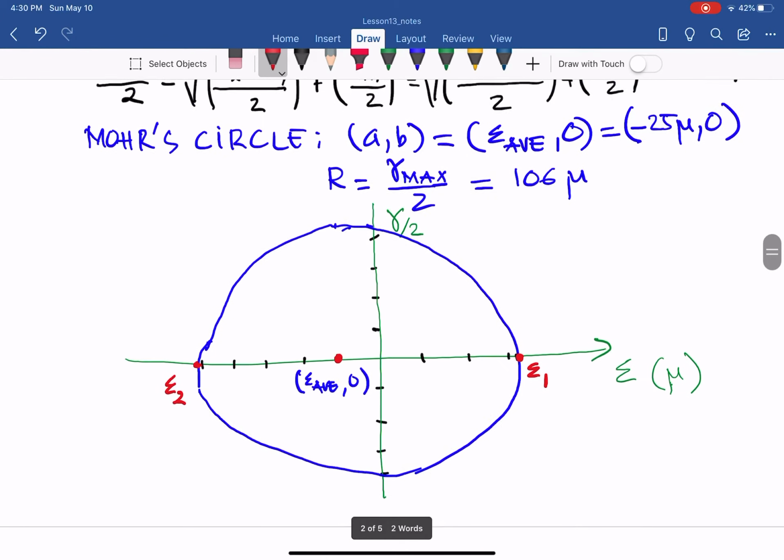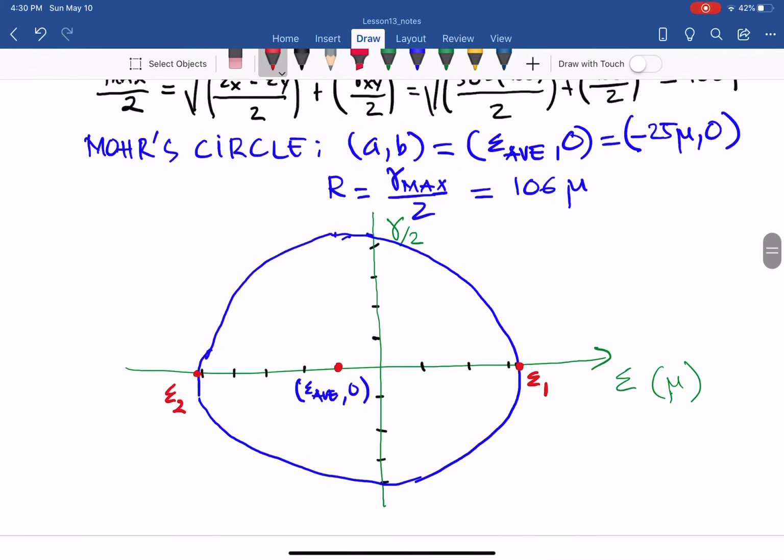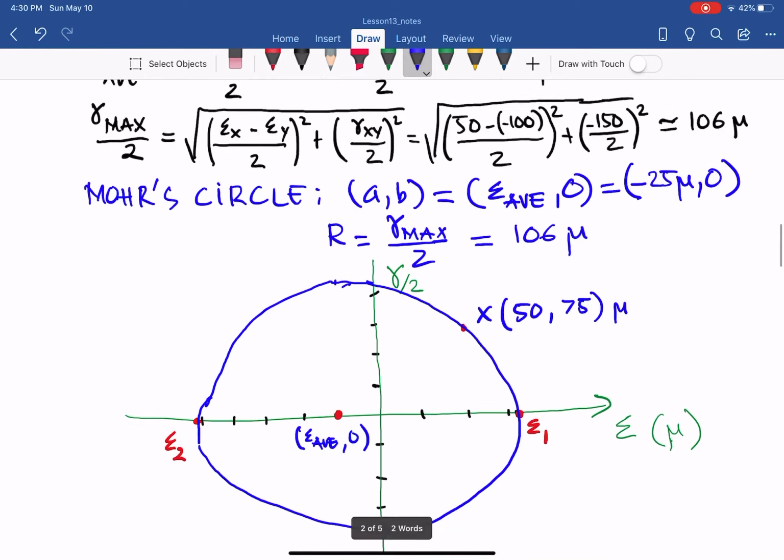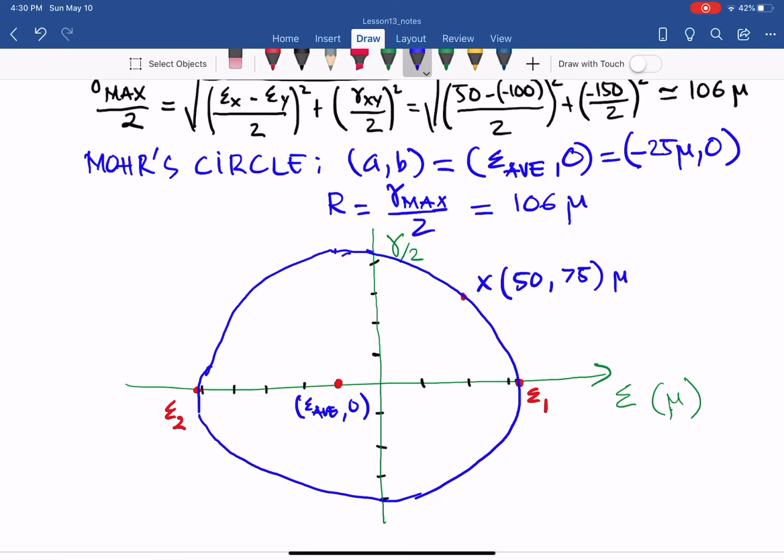So put it somewhere around here at 50, that one for the positive x-plane. So that is the positive x-plane, and that is epsilon 50 and 75 micro, gamma over 2, not gamma.